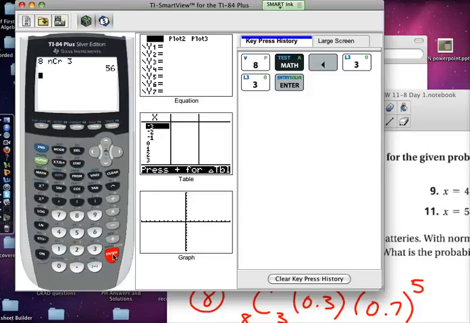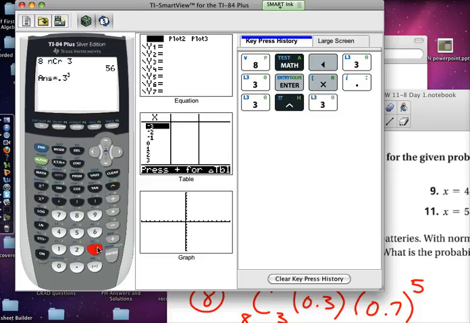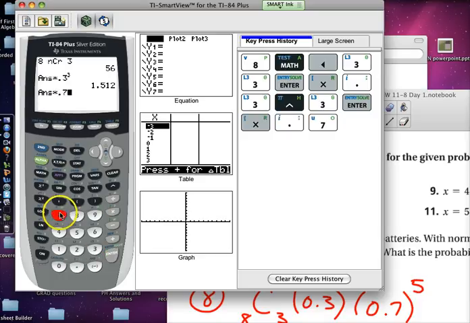So I need that 56 times 0.3 to the, and remember this was going to happen a success 3 times, enter. And then I also need that answer times 0.7 to the 5th power, because there were going to be 5 failures.